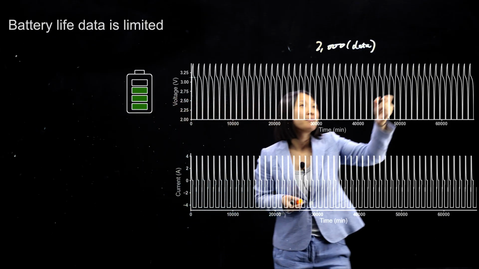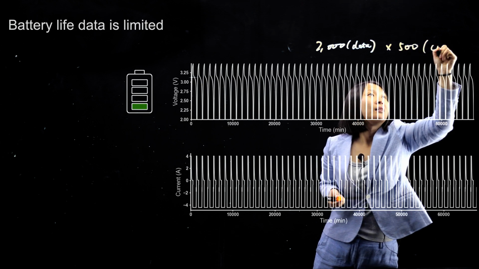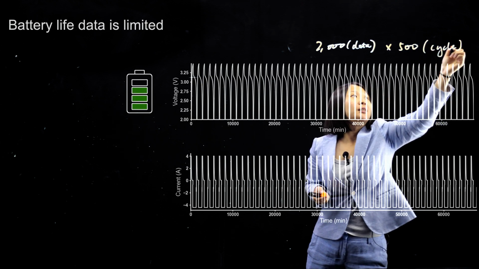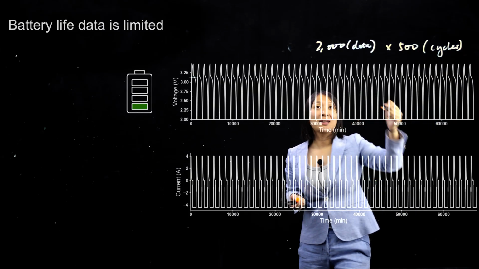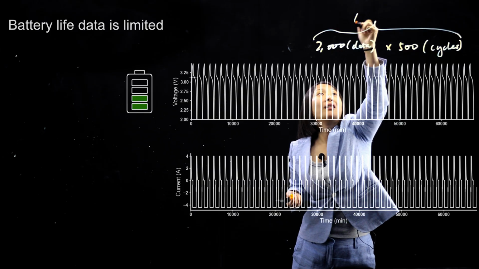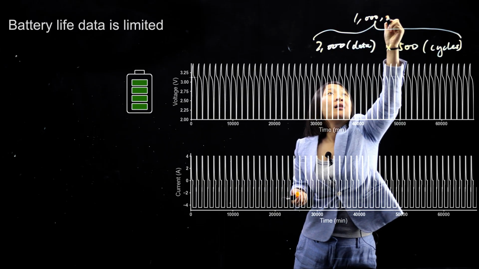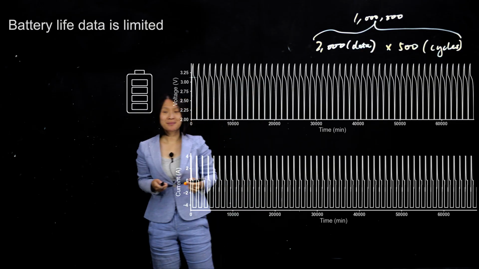So let's say we cycle our batteries to 500 cycles. Right there, we immediately realize, wow, we have 1 million data points to build our models.